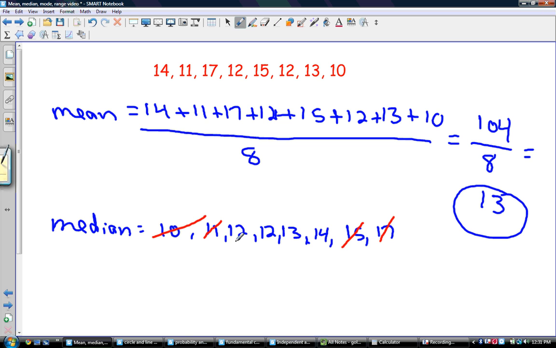The next two in are the 12 and the 14. And so I see that I've got two of them in the middle now, 12 and 13. So we said when there's two in the middle, we're going to find their mean. In other words, I'm going to do 12 plus 13 divided by 2. And that's just going to be 25 divided by 2, which is 12.5. And so my median for this data set is 12.5.